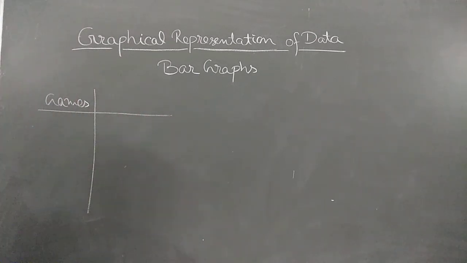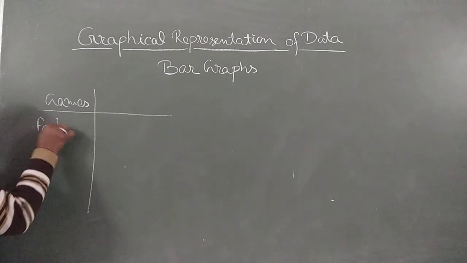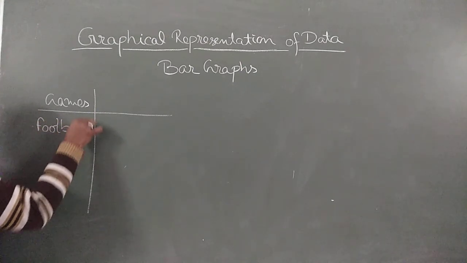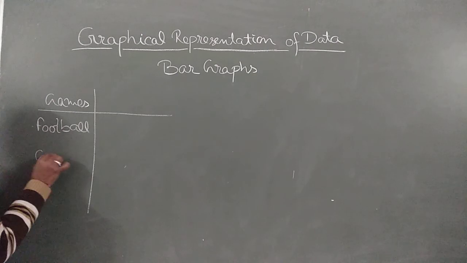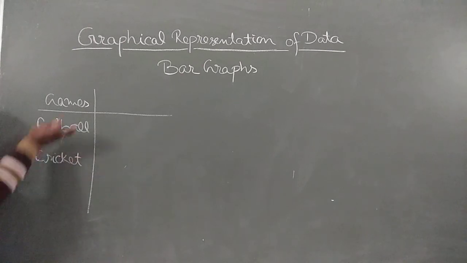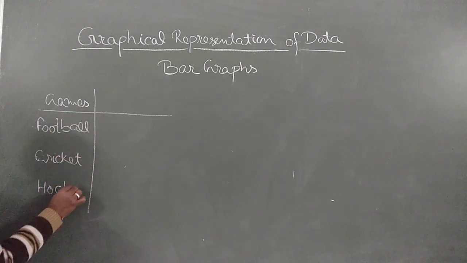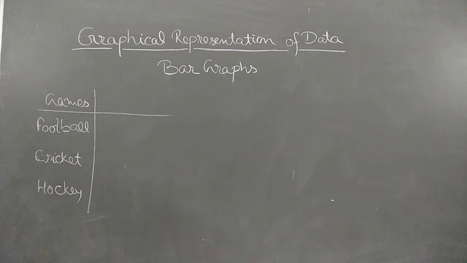For example, we have football, hockey, cricket. First one is your football, then cricket. All these are grouped data, right? Cricket is one group, football is another group, hockey is another group. Clear? Okay, I am taking only 3 examples.